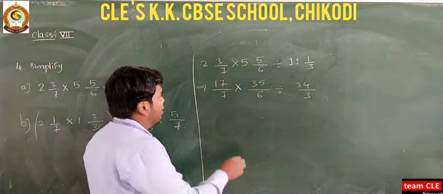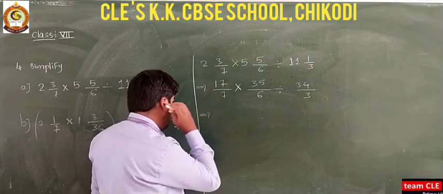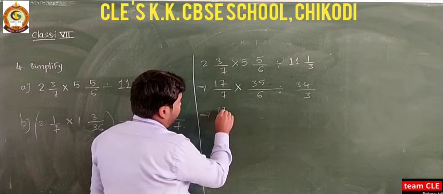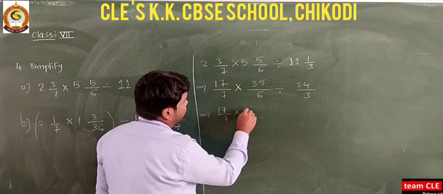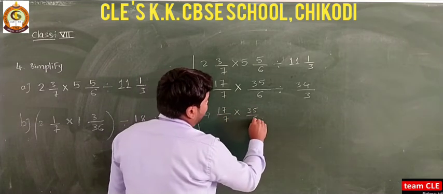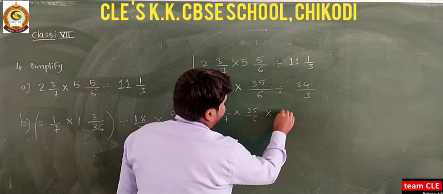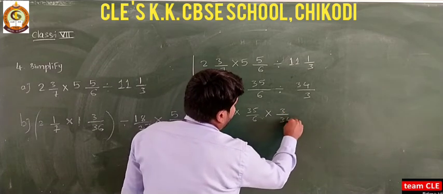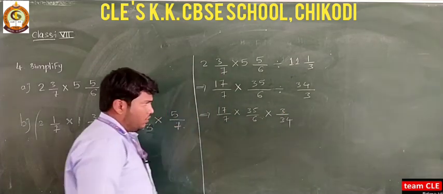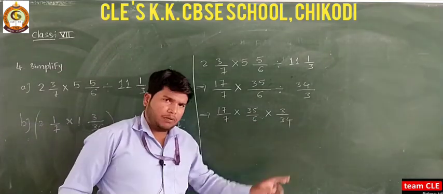Now you have to take the reciprocal by changing the sign. So this is 17 by 7 into 35 by 6. Now the division becomes multiplication, and this becomes 3 by 34. See, now all are in multiplication form.